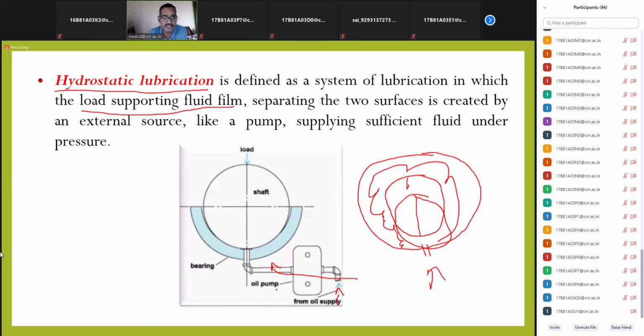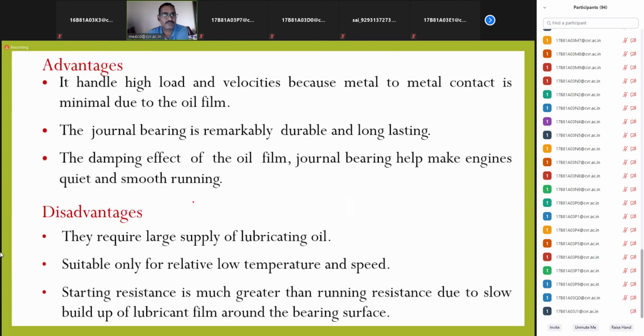And this pressure will be maintained by an oil pump, through which the thickness of the film will be maintained. This is hydrostatic lubrication. Hydrodynamic works by itself, and in hydrostatic we use some external force, an external supply.